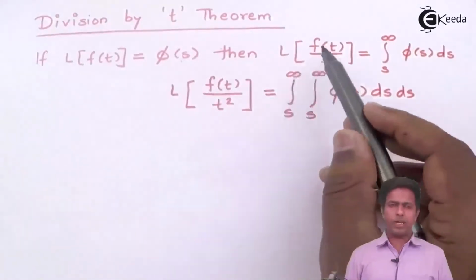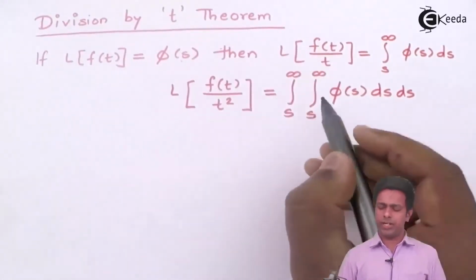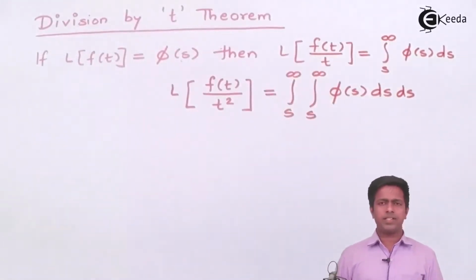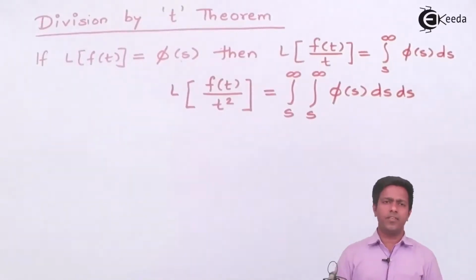This property can be extended if you have t cube in the denominator. That time you have to integrate thrice and so on. In the syllabus we have two integrations, but even if we have a third integration, we can still integrate it with respect to s three times. Now get back to the numerical.